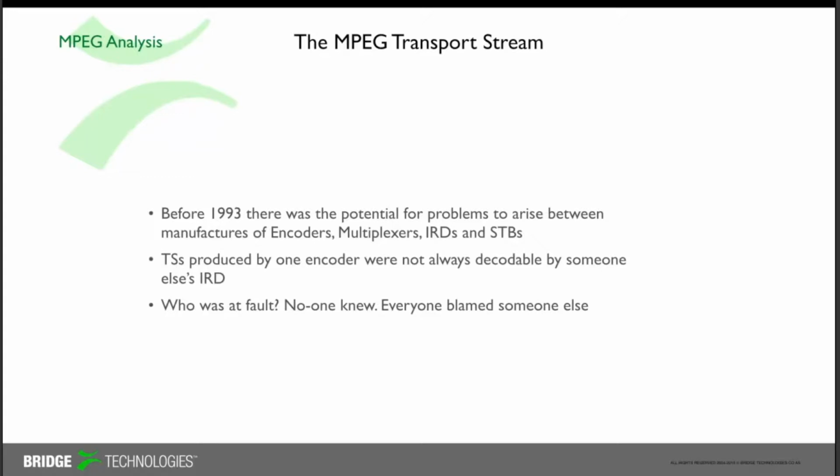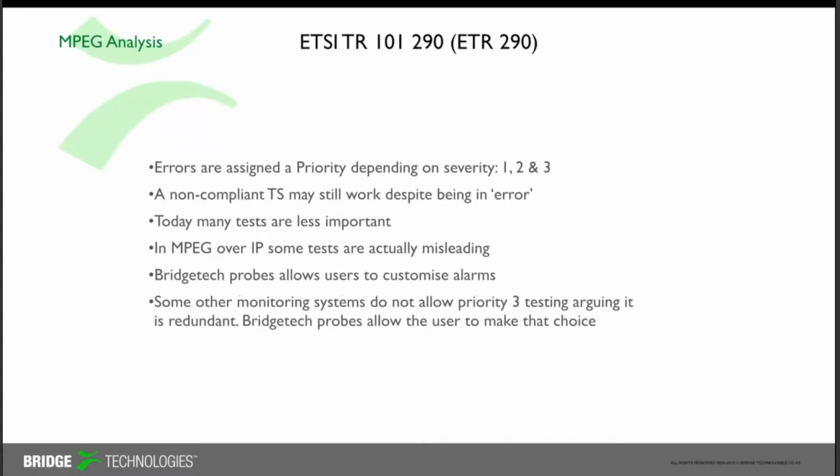This caused problems because the IRD manufacturer said, well, we're compliant, and the encoder manufacturer said, well, we're compliant. So who knew where the problem lay? So, of course, everyone blamed everyone else. That's how these things work.